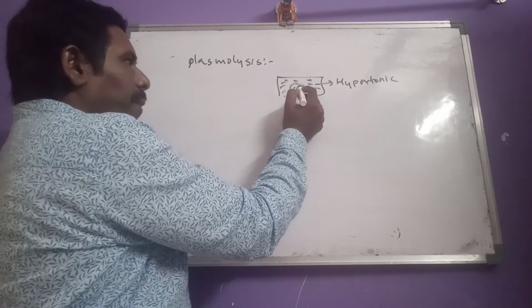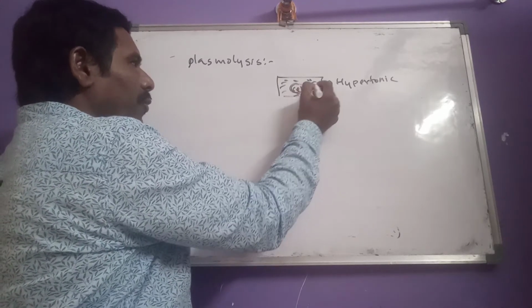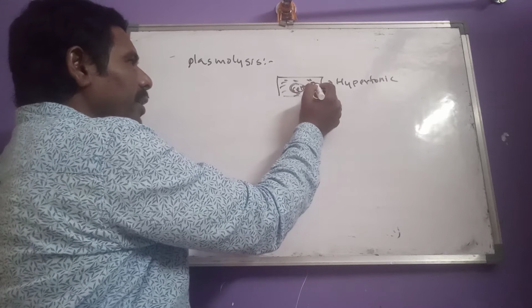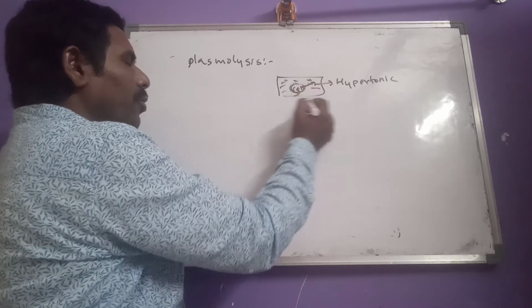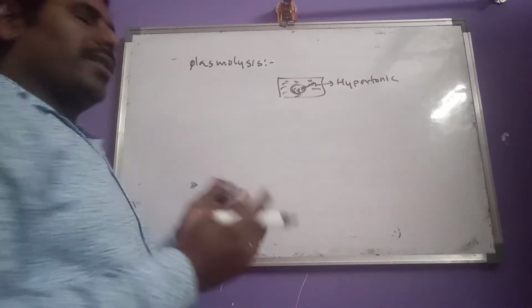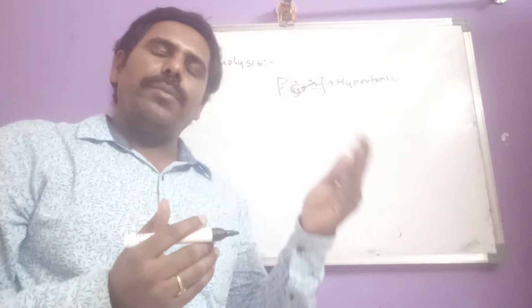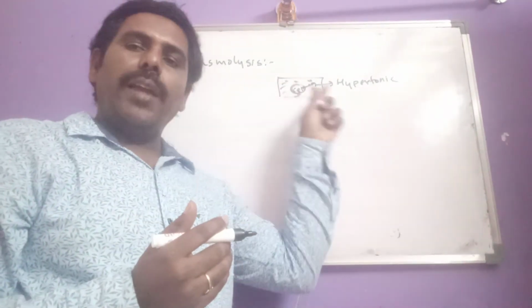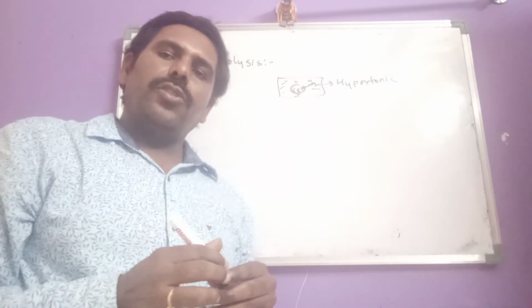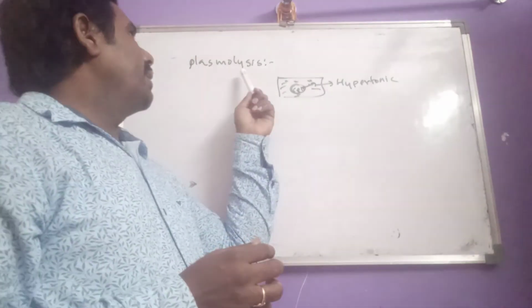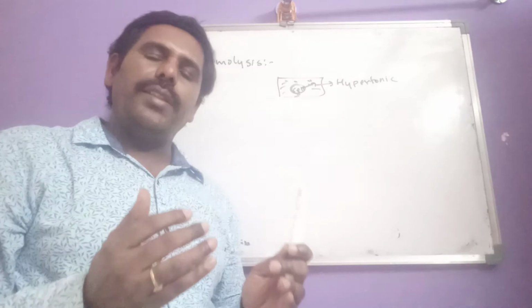Particles come out from the cell fluid into this hypertonic solution. Some fluid comes out from the cell into the hypertonic solution. So this process is called plasmolysis.